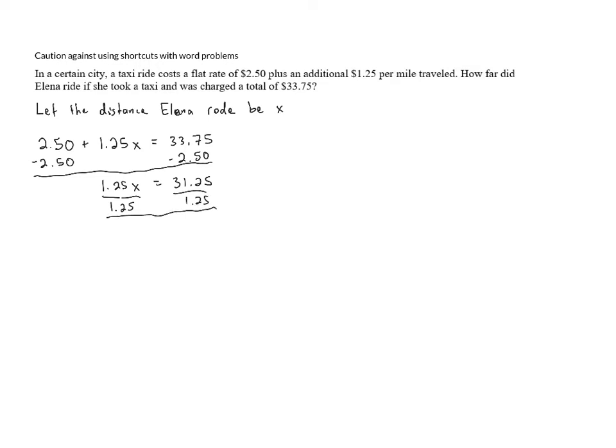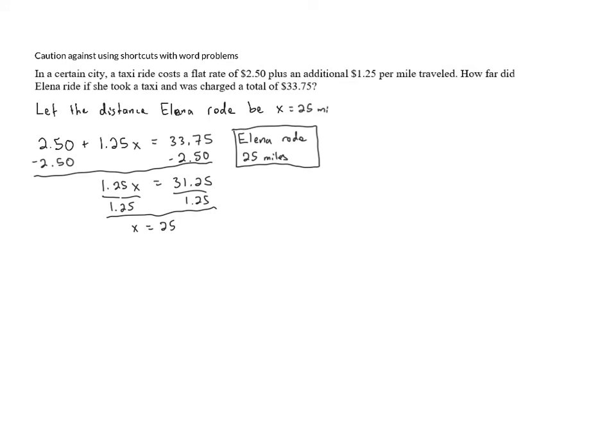And 31.25 divided by 1.25 is 25. So we get x equals 25, and this is measured in miles. And so we're asked, how far did Elena ride? And we can say Elena rode 25 miles. That is how we solve a problem like this.